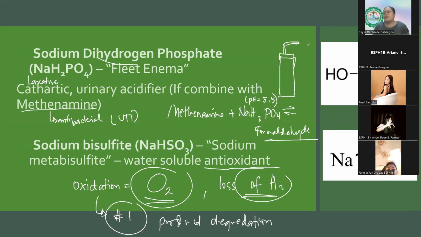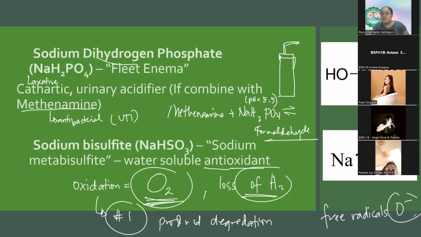Actually, marami tayong antioxidant. Vitamin C in the body is actually antioxidant kasi we have also a lot of oxidation processes in the body that may lead to the formation of free radicals. Itong free radicals are actually oxygen na -1. Yung oxygen, di ba natin is O2.